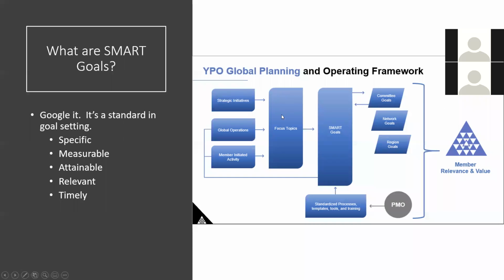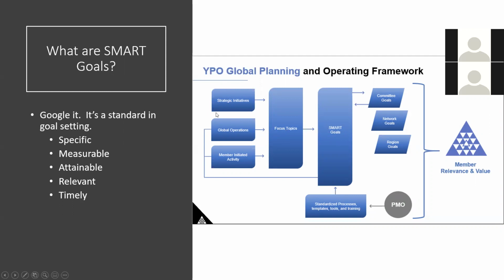All of those are focus topics, and all focus topics are SMART goals. So if someone says I have a SMART goal, or if someone says I have a focus topic, they're mostly the same thing. Now, not all SMART goals are focus topics, but all focus topics are SMART goals. A little confusing there.